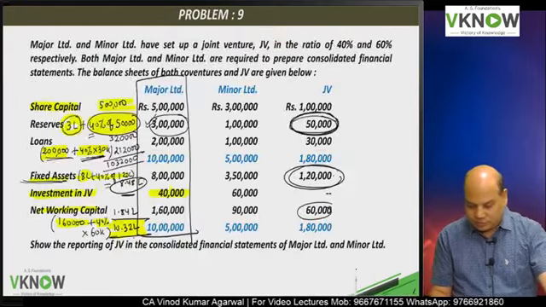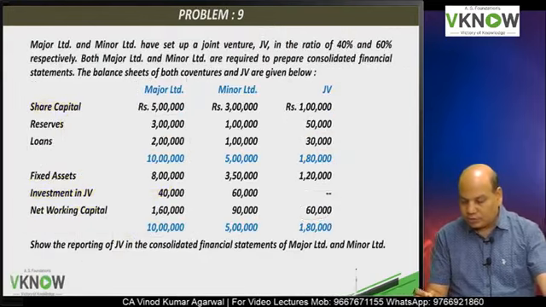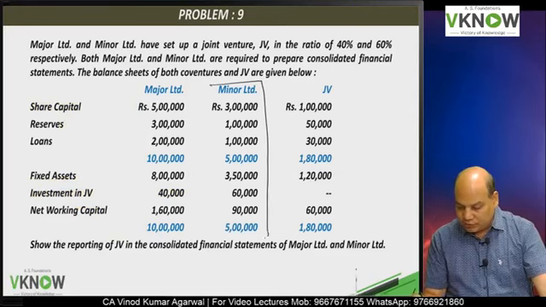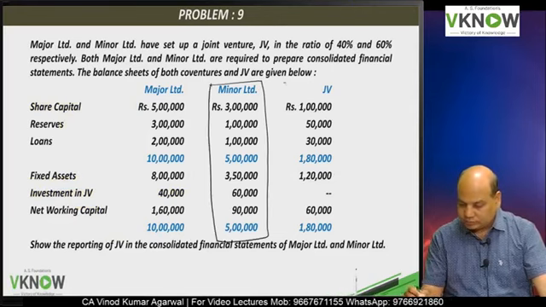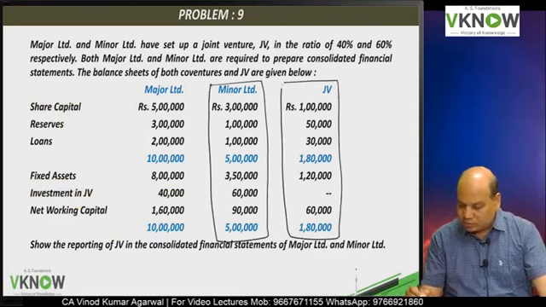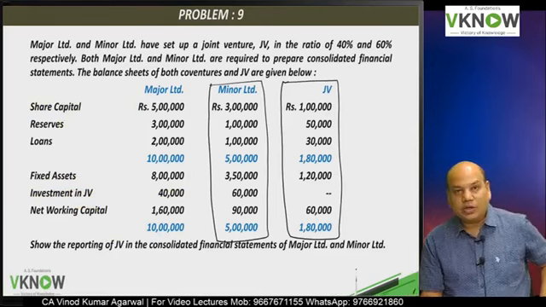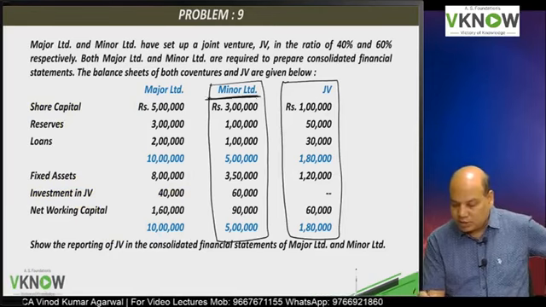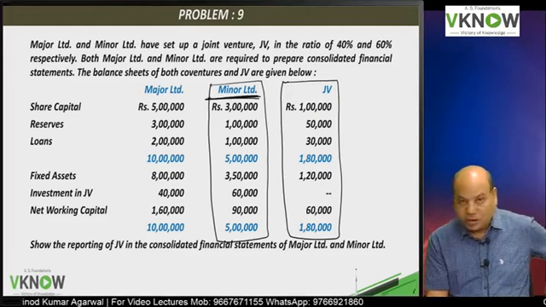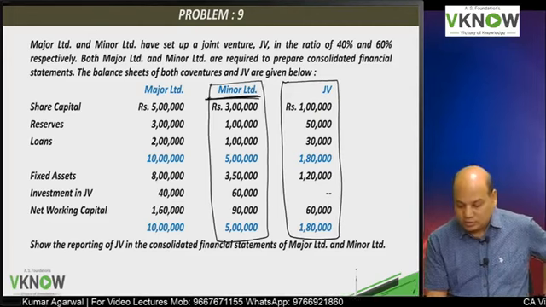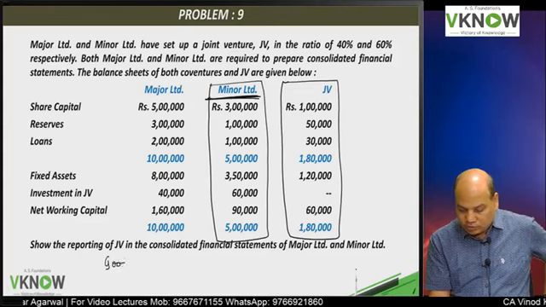The next part is consolidation of JV with minor limited. Minor limited will follow AS21. I am explaining minor limited, answer is printed, so you have to only understand goodwill.